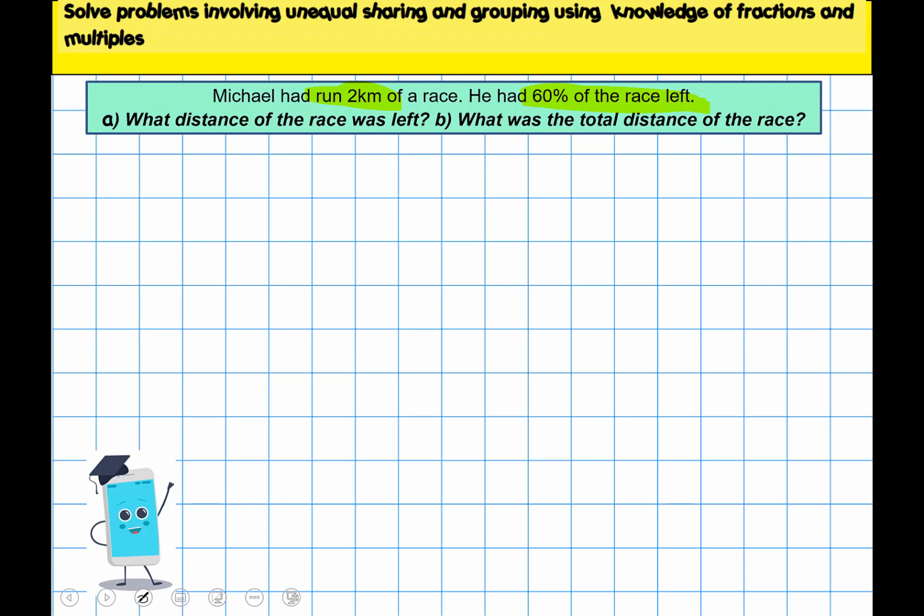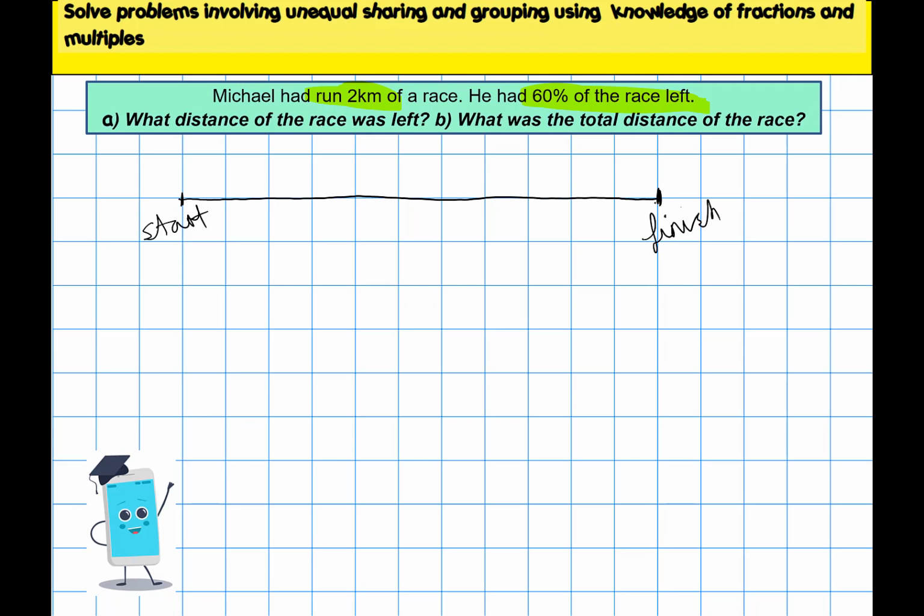So if we imagine, I'm just going to draw this visually. Imagine this is his starting point and this is his end point. That's where he started. This is where he'll finish.